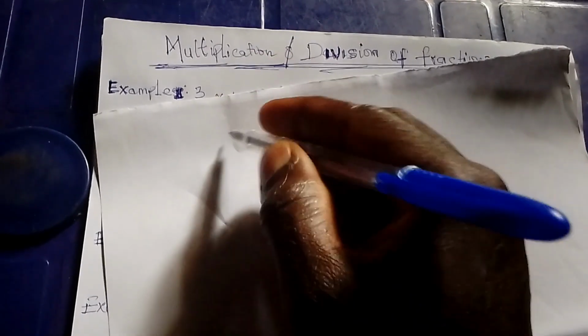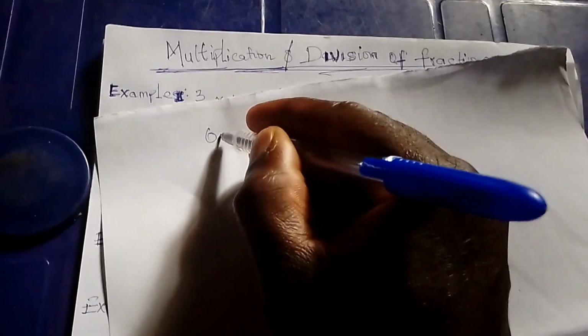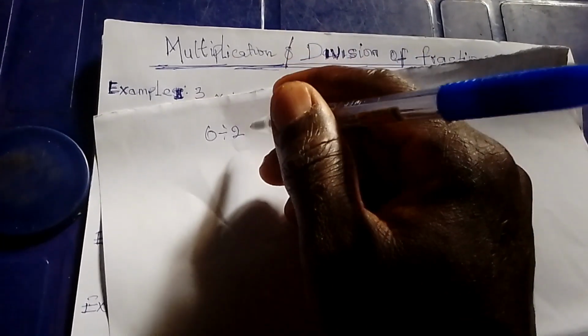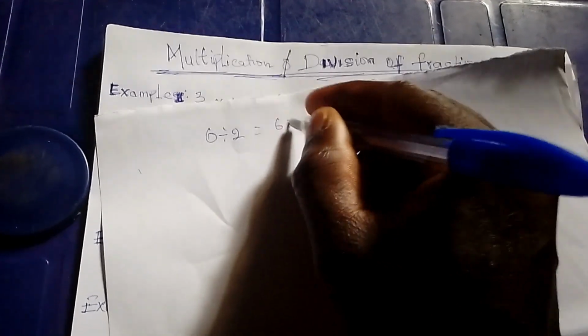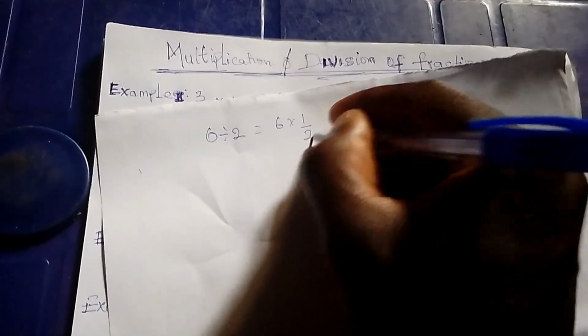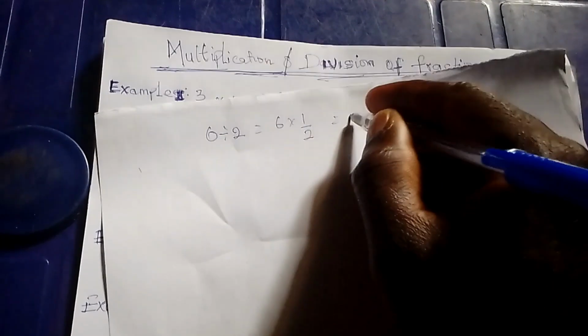6 divided by 2 is the same thing as 6 multiplied by 1 all over 2, which is 3.